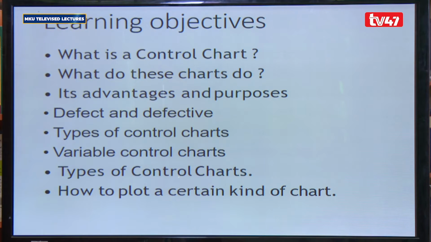Then we look at types of control charts and understand what variable control charts are. Under variable control charts, we shall look at the different types of control charts that we shall use, and also discuss how we can plot a certain kind of control chart.